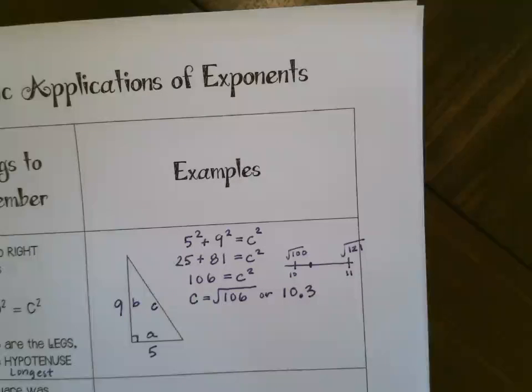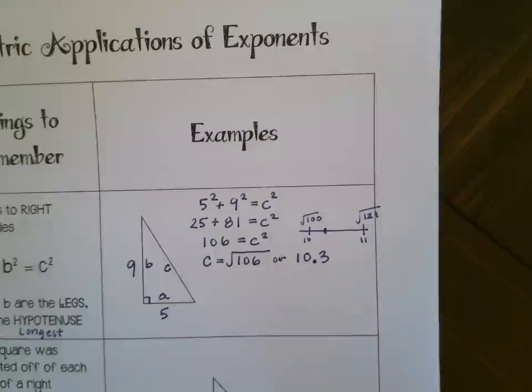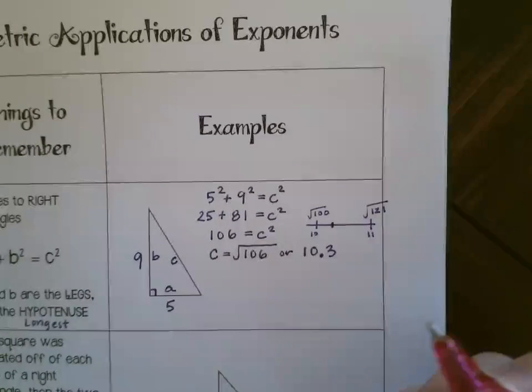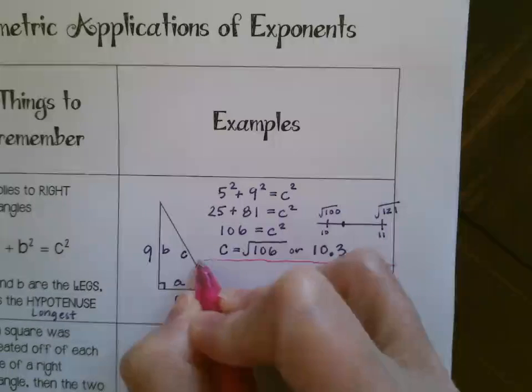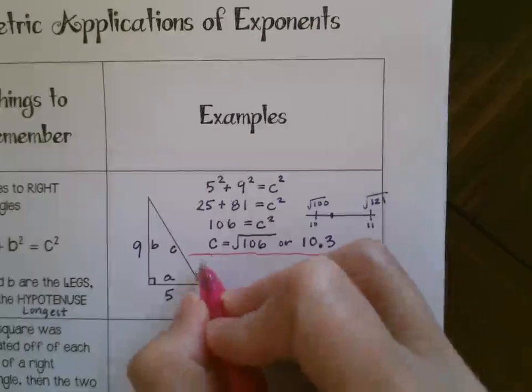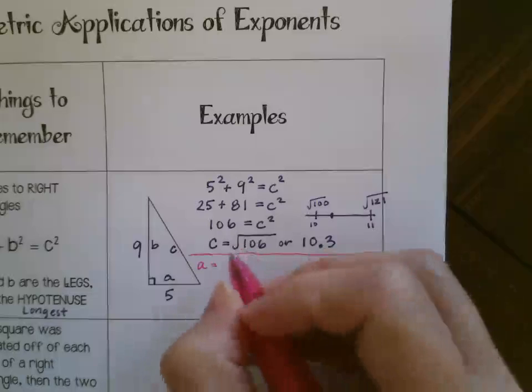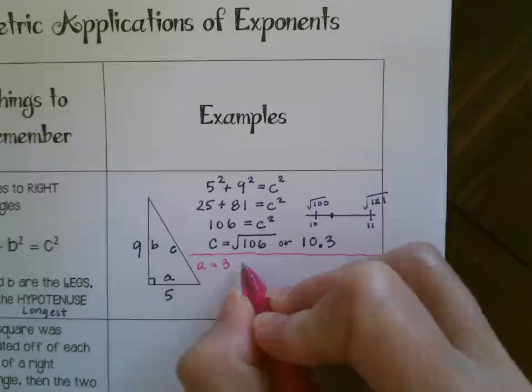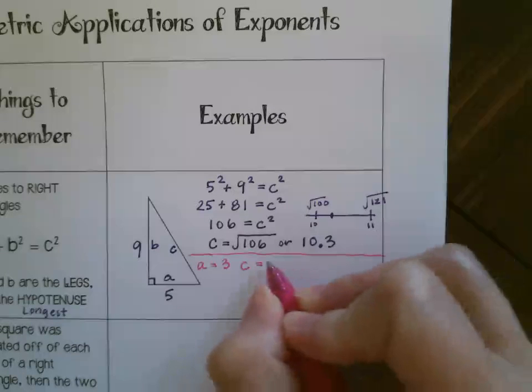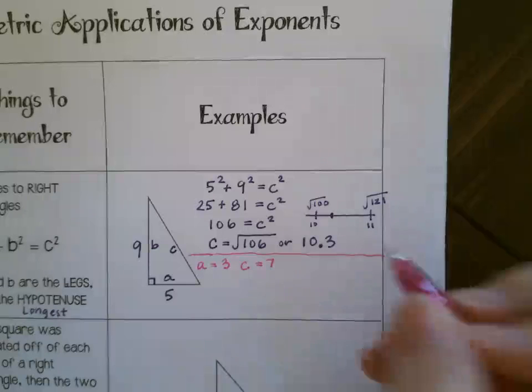Now, something else that happens with Pythagorean Theorem is that maybe we know what side c is, and we have to figure out a or b. Let's pretend for this example. Let's say that we knew that a was 3 and c is, oh, I don't know, how about c can be 7?